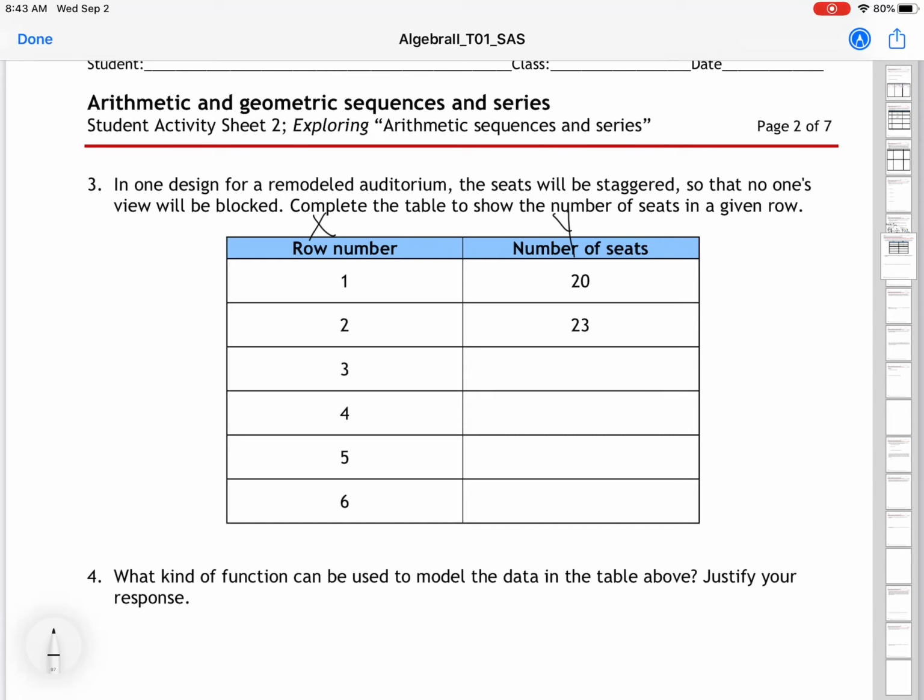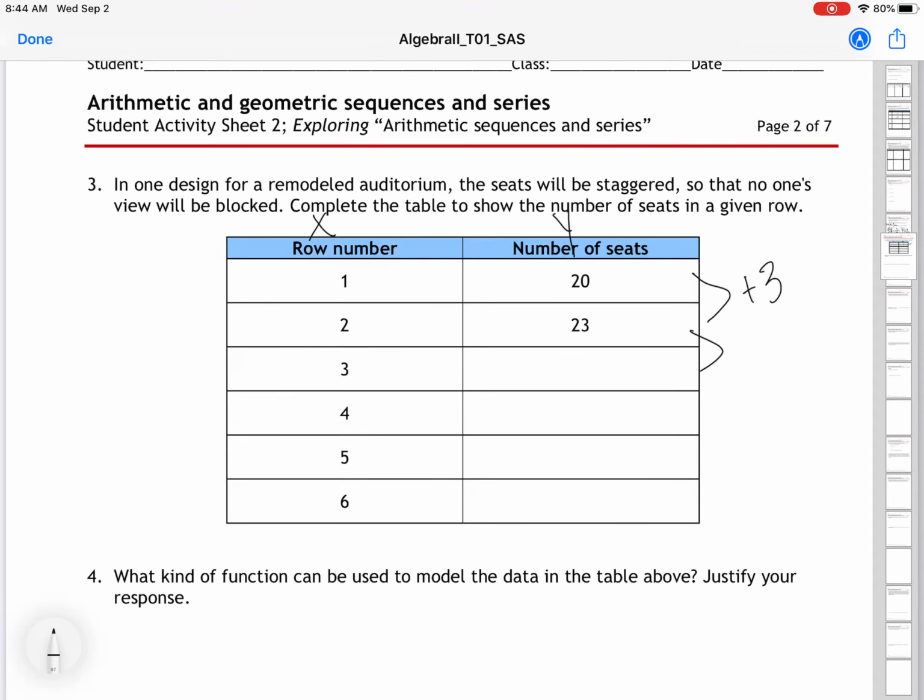So, if row 1 has 20 seats, row 2 has 23 seats, we have to think 20 plus what is 23? 3, okay? And just a minute ago, it told us that it's going to add 3 seats every time, okay?